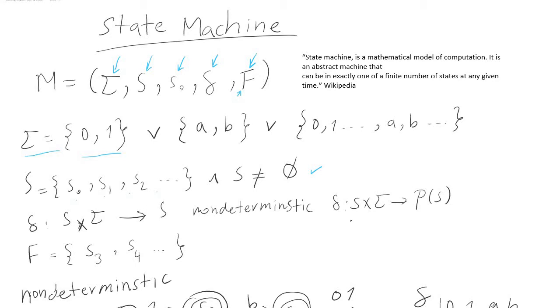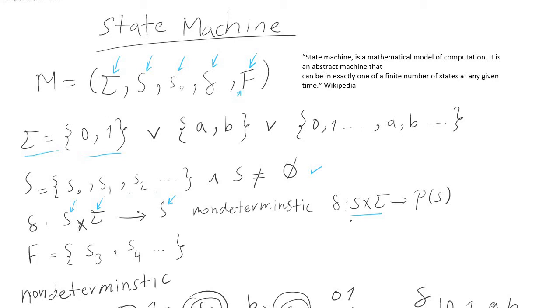And the transition is a function that takes a state and an alphabet symbol, and returns a new state that the system will go to. In non-deterministic automata or non-deterministic state machines, the transition is a function into the power set of the states.